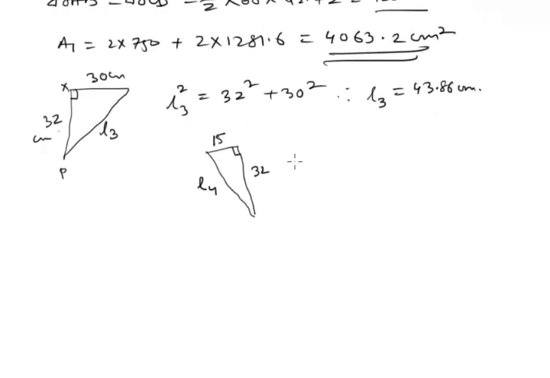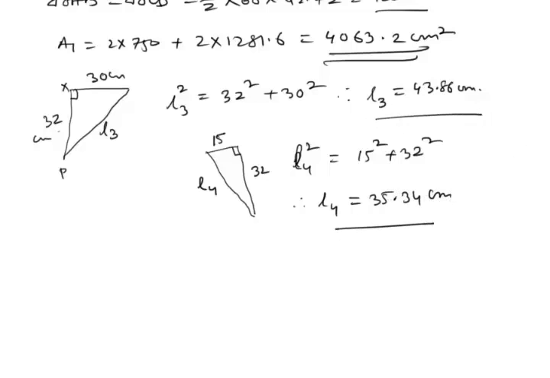From here, L4 square equals 15 square plus 32 square. If we calculate, we will get the slant length L4 as 35.34 centimeter. So now we have these two slant lengths.